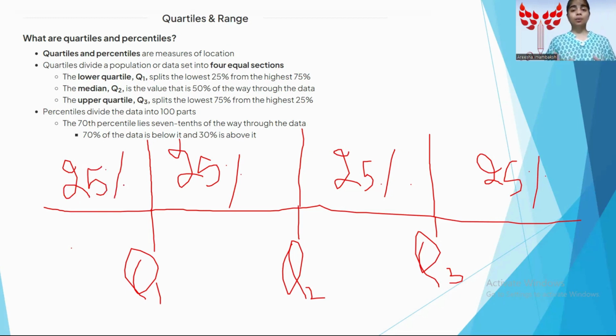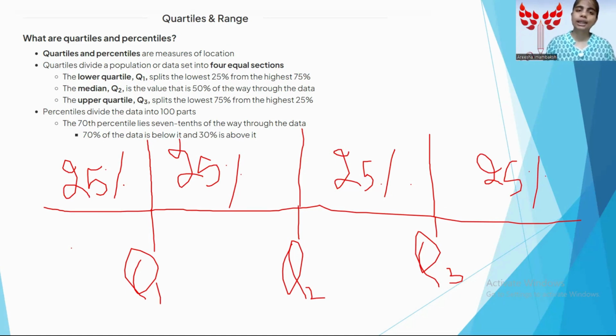Now see, what I actually mean to tell you is that the median is your quartile 2. From the median, 50% of the data is above the median, 50% of the data lies below the median. If there are 14 values, 7 are above, 7 are below. For quartile 3, 25% are above quartile 3 and 75% are below quartile 3.